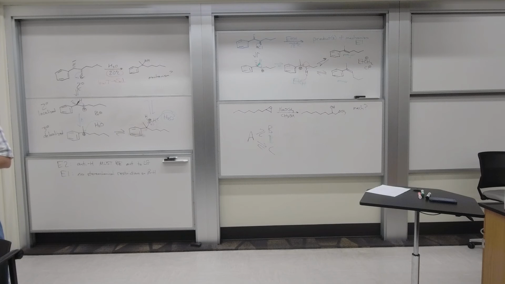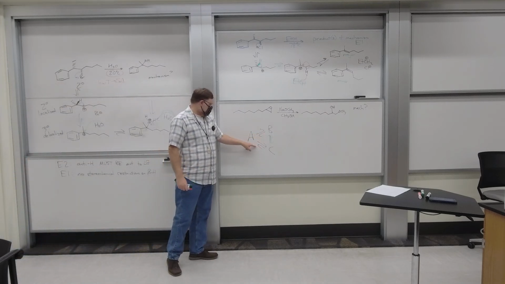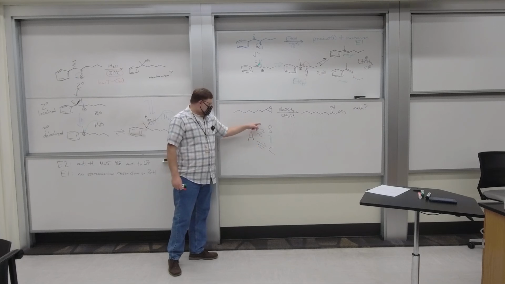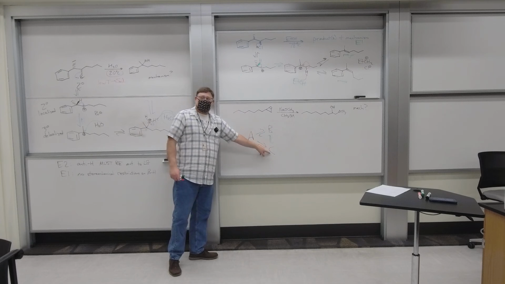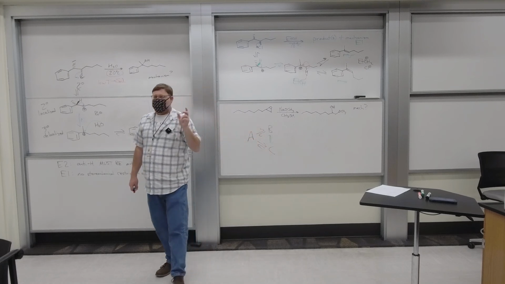The only way you could say this wouldn't happen is if, say, A to C could not go backwards. If A to B happens reversibly and A to C is irreversible, you eventually just end up with C. But as long as both of these reactions are reversible, then B and C are in equilibrium.